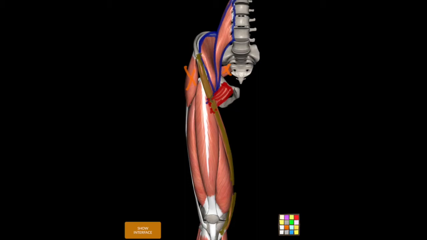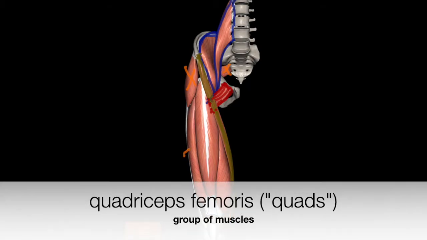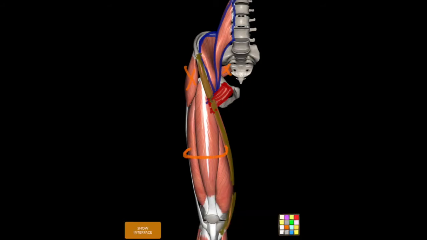For the remaining anterior thigh muscles, we have the four quadriceps femoris muscles, three of which we can see here. The fourth is deep to them, and we'll look at those in isolation.